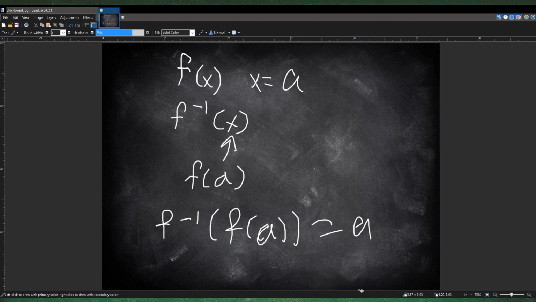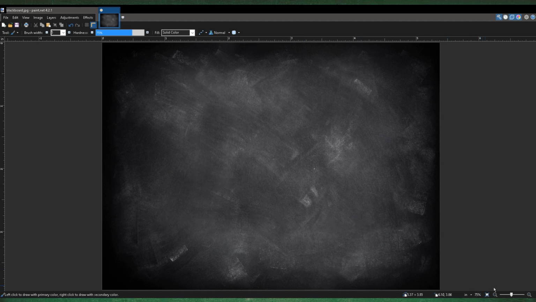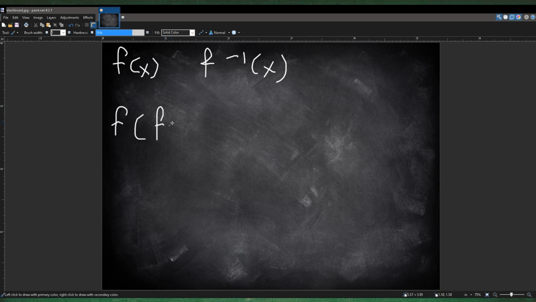So why do I explain all that? Well, there is a general equation of how this works. If we have a function called f of x, and we have its inverse, which is f of negative 1 of x, the inverse of f, basically we could say that f of the inverse of f of x, the inverse inside f, if you plug those in together, the output is equal to x.